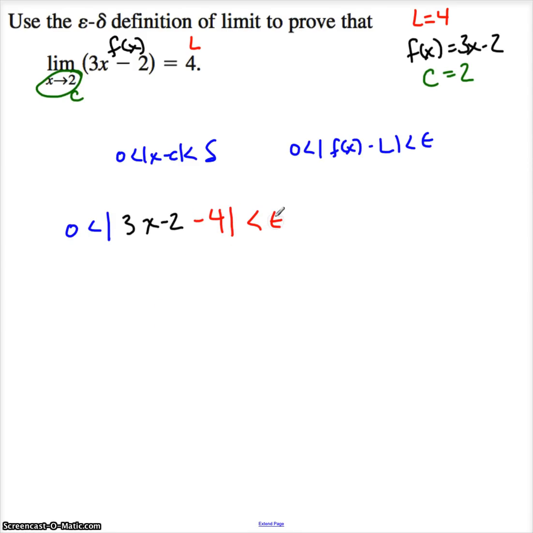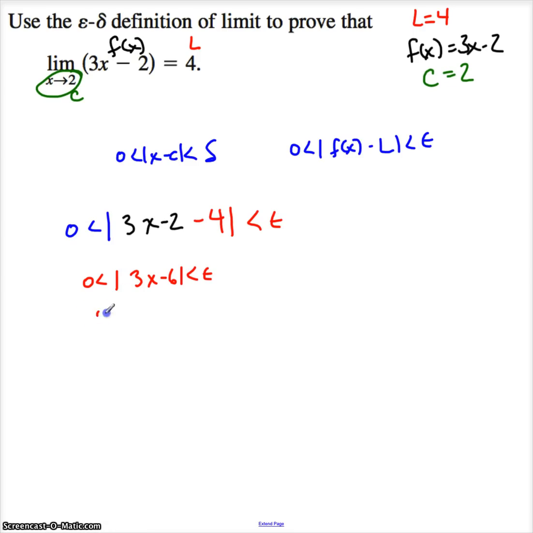Less than epsilon. All right. So let me play with this a little bit. This is 3x minus 2 minus 4, which is 3x minus 6.